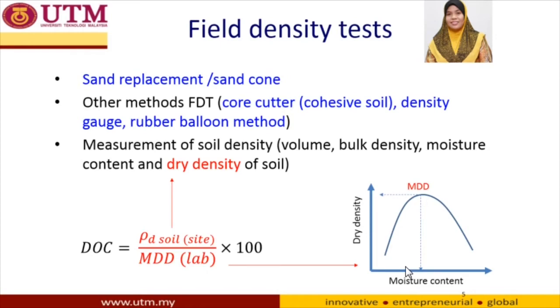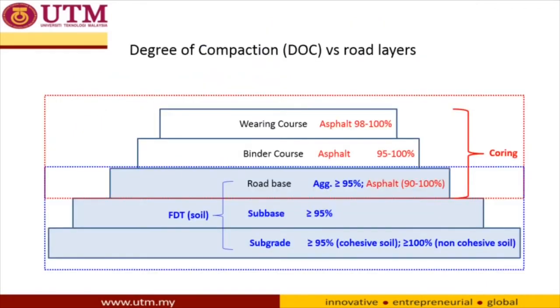The DOC value is calculated in percentage, and the specification is based on the materials compacted, which also depends on the road layers. According to the Public Works Department specification, details of the compaction level targeted for each of the road layers are shown in this figure.